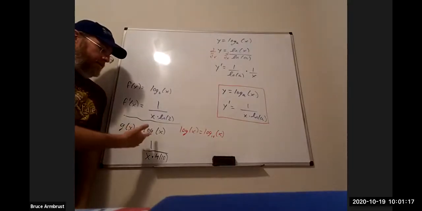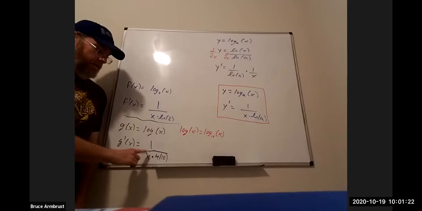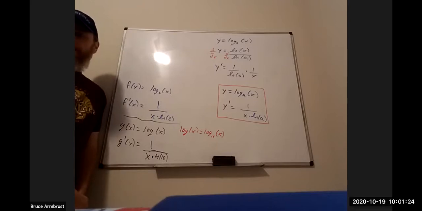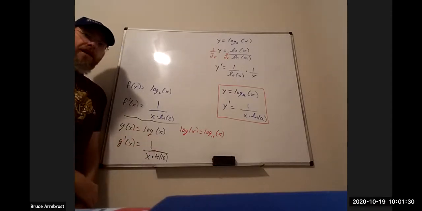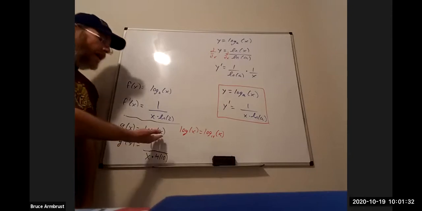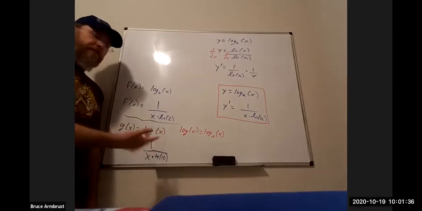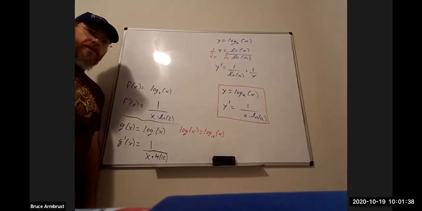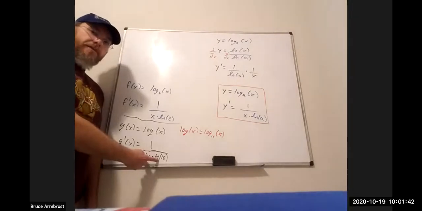So this becomes 1 over x times the natural log of 10. As long as you know what this base is, it's no big deal. The same thing if there's stuff inside: we put the derivative of the stuff on top. The only difference is this natural log business.